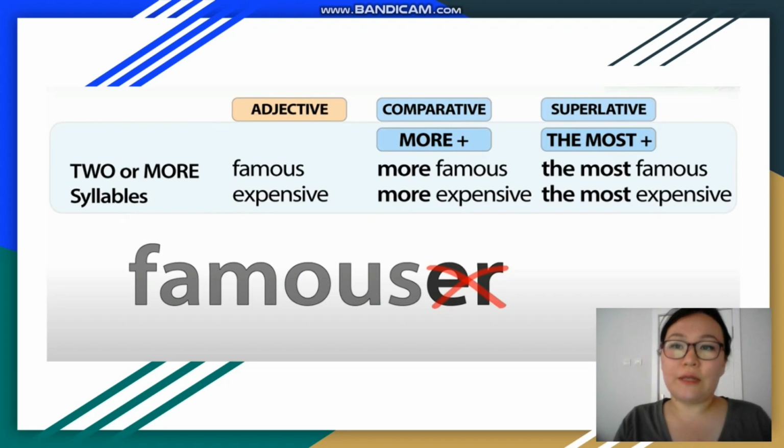For comparatives, we use the word more before an adjective with two or more syllables. So famous becomes more famous. And for superlatives, we use the words the most before the adjective: the most famous.